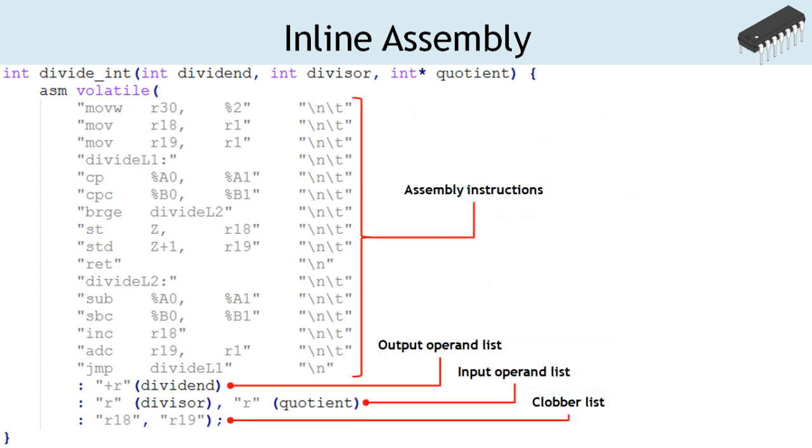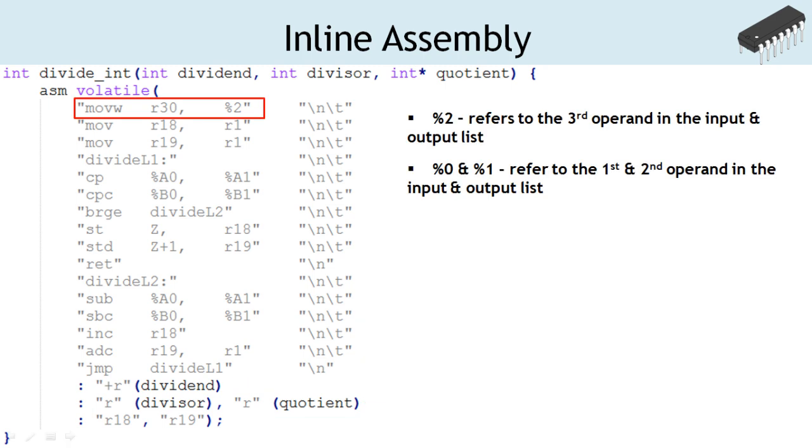In the implementation, we have all four parts of the inline assembly code. The assembly instructions implement the described logic. Note, several assembly instructions are defined in the first part. The newline and tab characters are included for the formatting of the assembly instructions in the disassembled file. The output and input operand lists define the relationship between the C operands and the registers. Note the string %2 in the movw instruction.